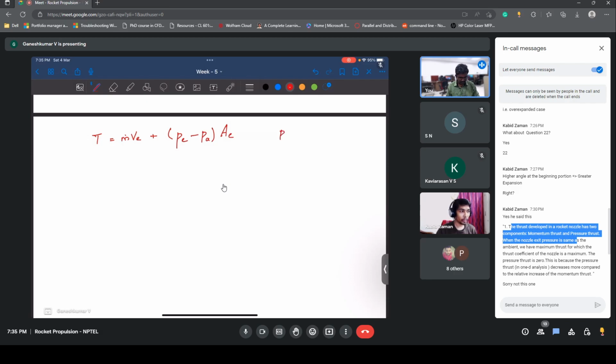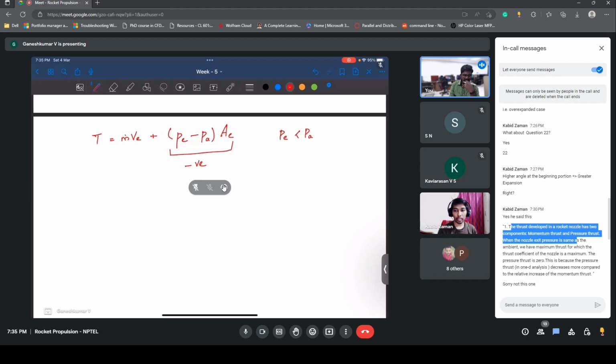So when PE is less than PA, that is the case here, this term is going to be negative. So your overall thrust reduces, right? But it has been given that it's greater.